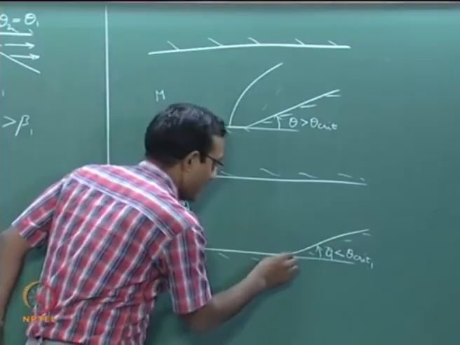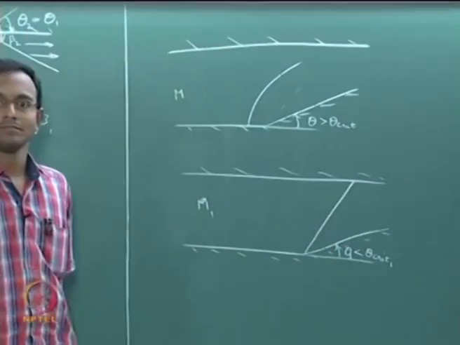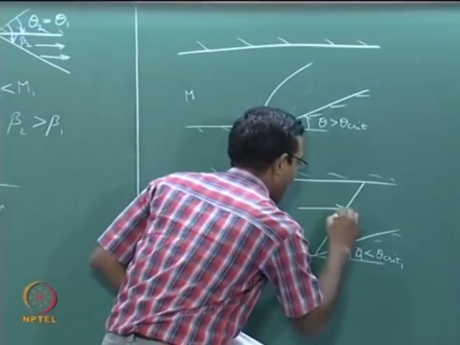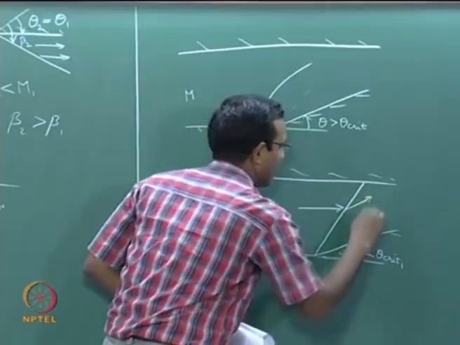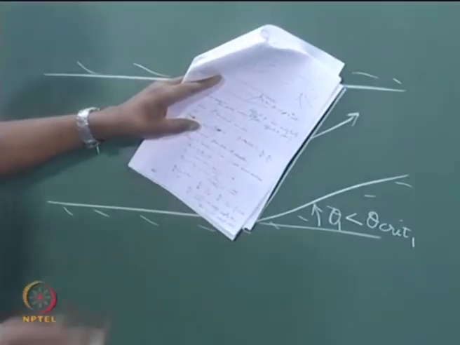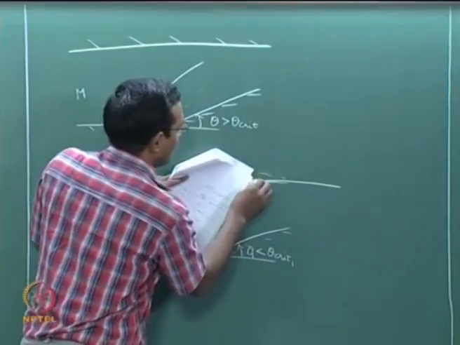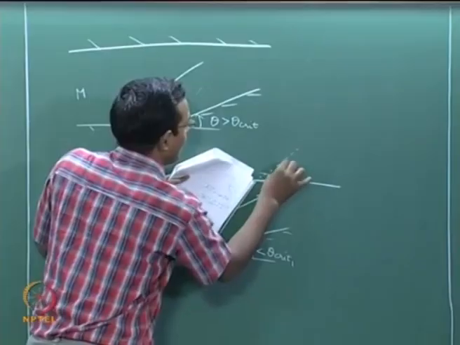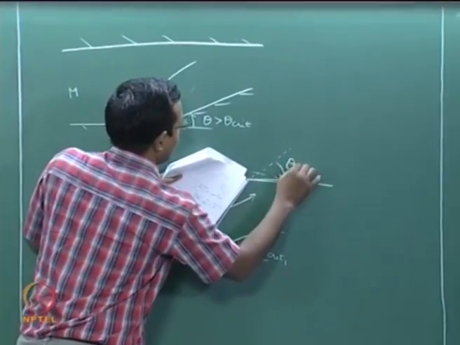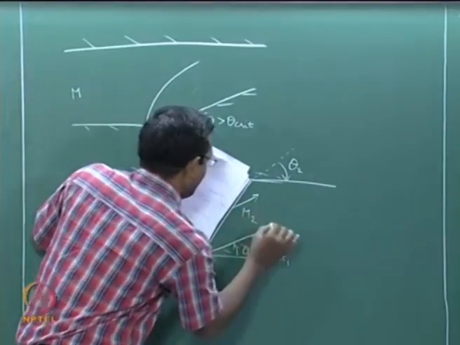And so, it is having an attached shock. Now, we will go and do the analysis. I have incoming flow, this is a new direction, and I will block this with my paper, and then what will I see? I have a flow going like this, and it is hitting a wall which is facing inward. This must be the original direction, from there it turned by so much. Let us call this our theta 2, and this is your M2.